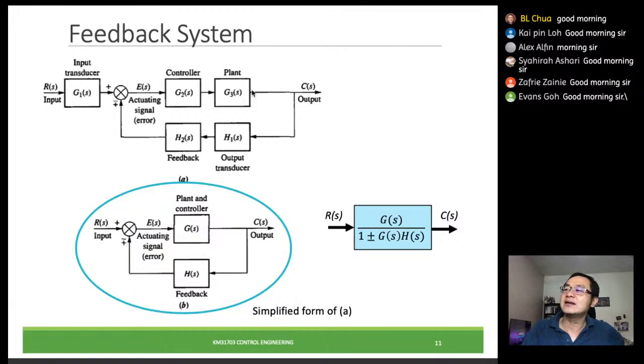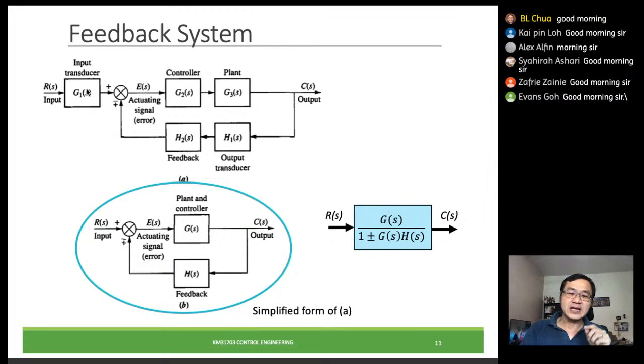So immediately we can see that when they are in series, we can just multiply these transfer functions: G2, G3, right? So at this side we can have G1, H1, H2. Also later on we will deal with how we can move this block diagram across the summing point, or a break off or branch point.